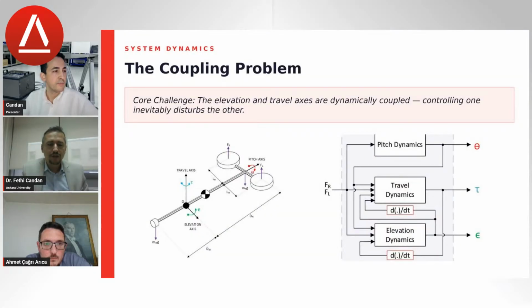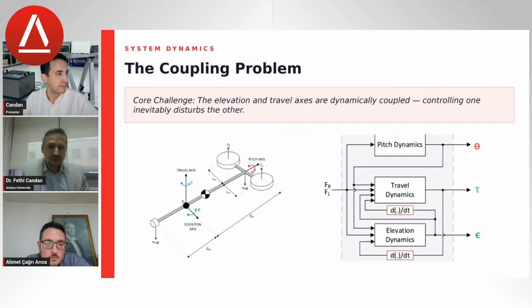Okay. So how can we model and determine the mathematical model, block diagram, and the engineering parts? Here it is. We have the travel axis, the pitch axis, and the elevation axis. So we can determine each block, and we can understand where the coupled dynamics are.